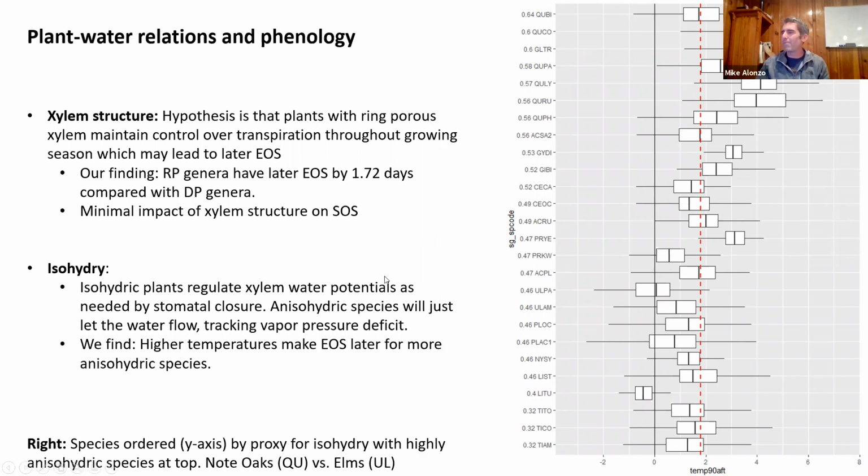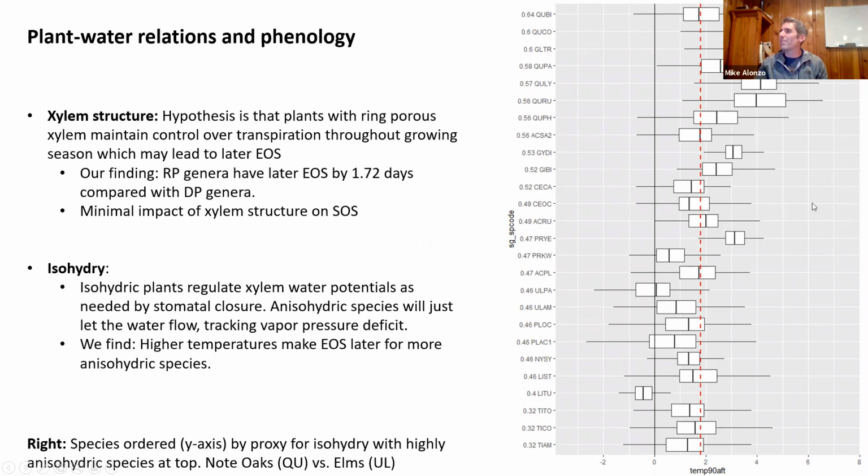Let me rephrase that: temperature has a greater impact on certain species as far as when their end of season comes around, based on how a plant regulates its water. I know it's a bit of a mouthful, so I'll just show.